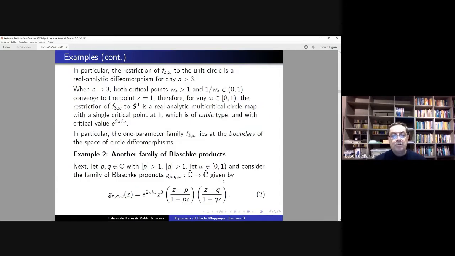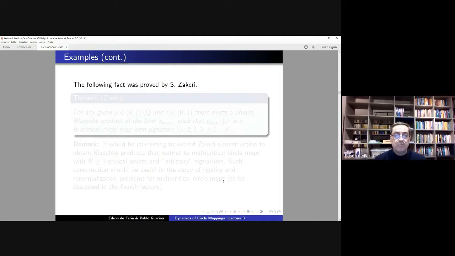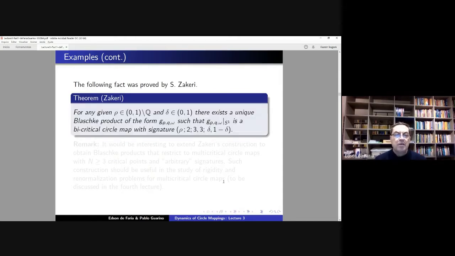And now you have two critical points on the unit circle. So these maps are bicritical circle maps. Okay, and the following result was proved by Zakeri.